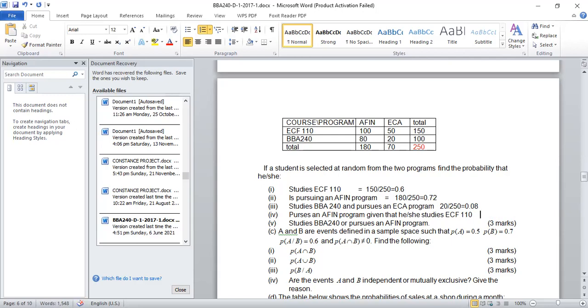Then, the first program gives us that he studies ECF. 100 over 150.